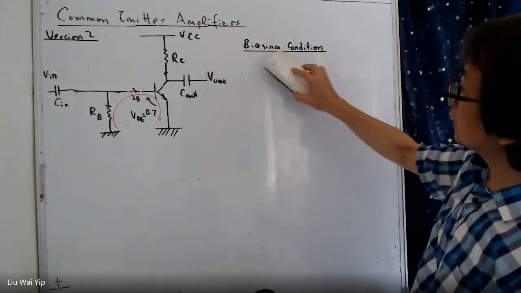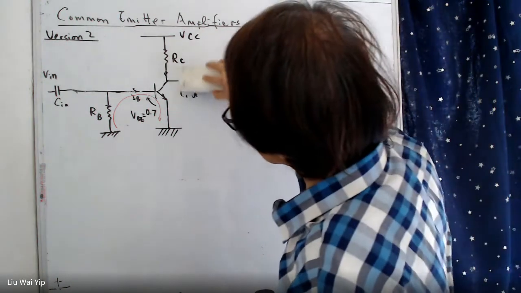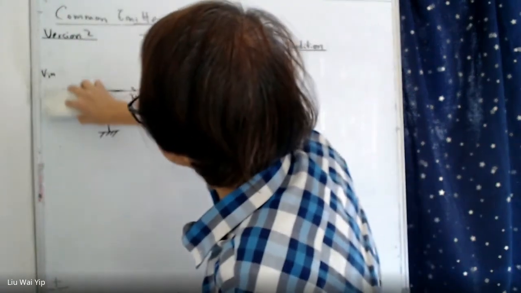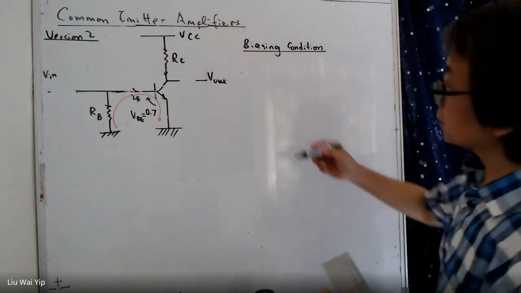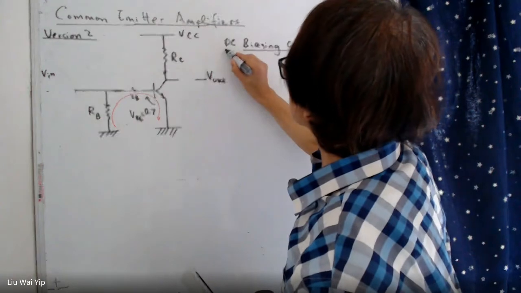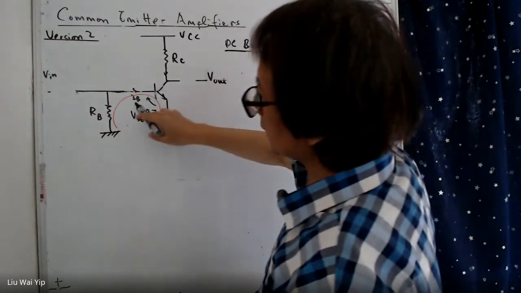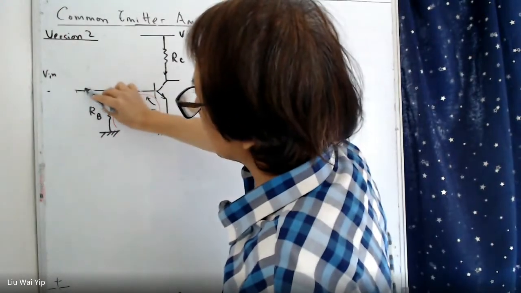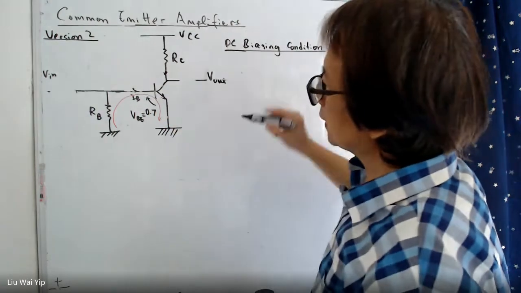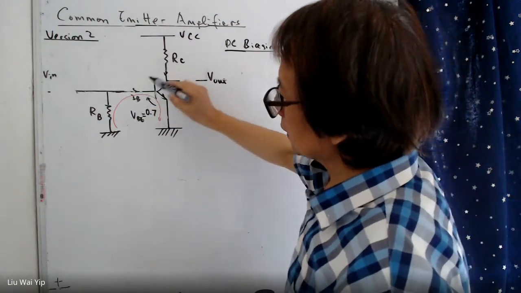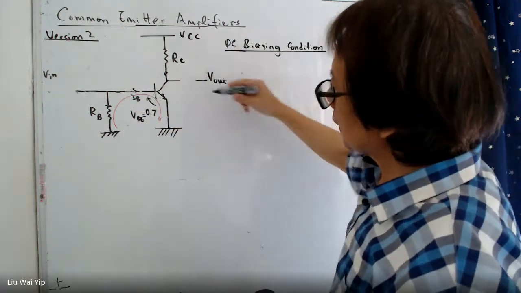And to determine the DC biasing, the capacitor is considered as open circuit. And now there is no current here. The only current available is IB.